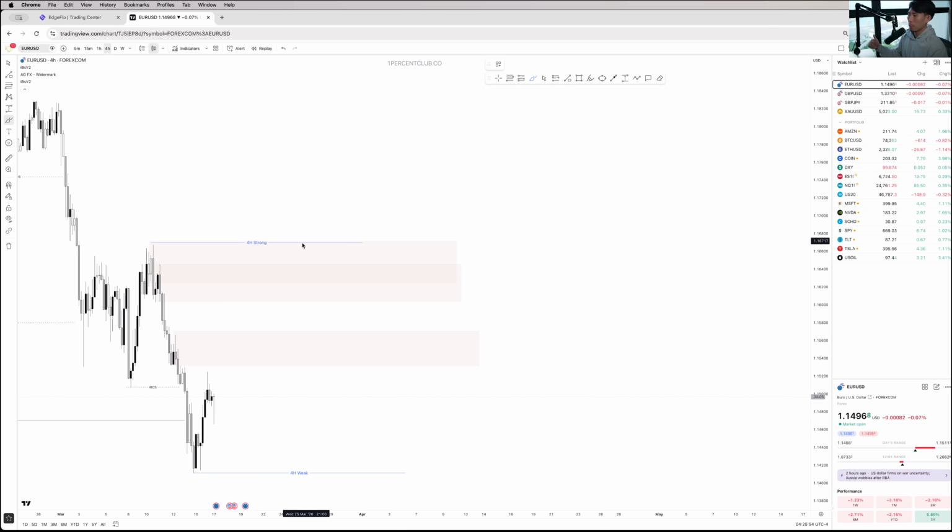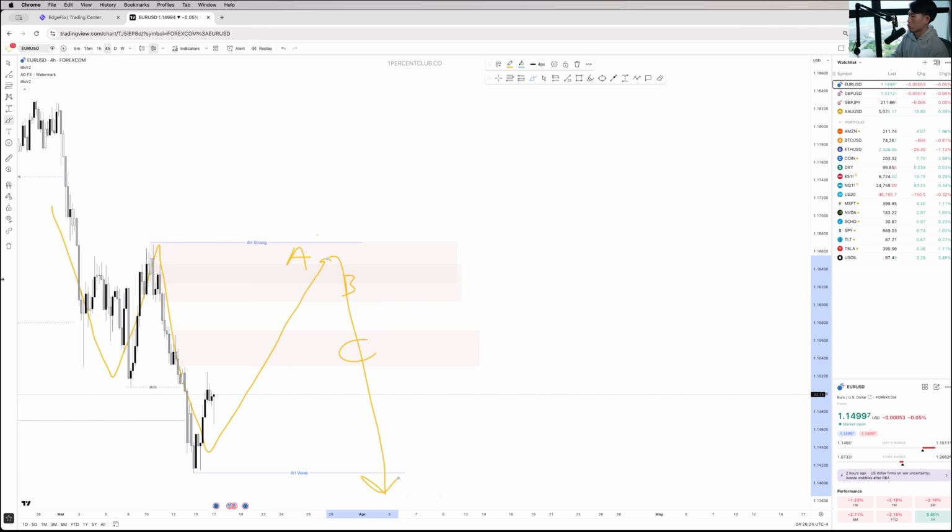Well, if you are applying the concept of market mechanics, point of interest ABC, this means that if we are ranking each one of these points of interest in terms of probability, the strongest is always going to be A. Because A is the extreme supply zone that is situated at the last 4-hour swing high, which means that if price actually respects this high right here and continues going down, then the bearish downtrend is still intact. This is just price creating a new lower high for price to go down even further.